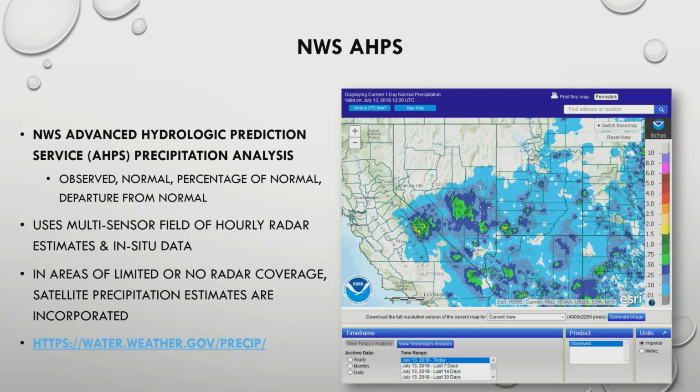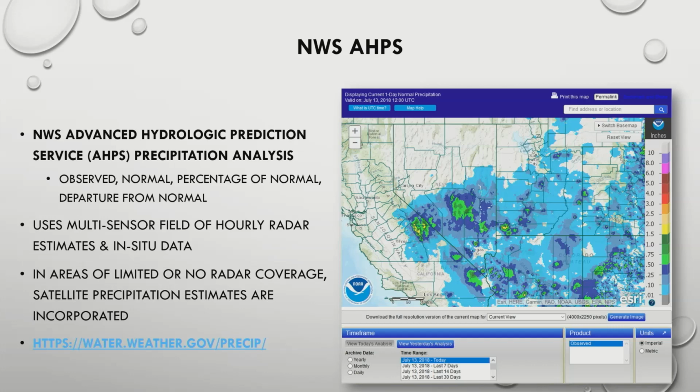And you can look at things like this, for example, the observed precipitation for the particular day. This was a couple days ago. Once you get into the historical data, 7-day, 14, 30-day, etc., then you can get the precipitation amounts. You can get departures from normal for that time period.